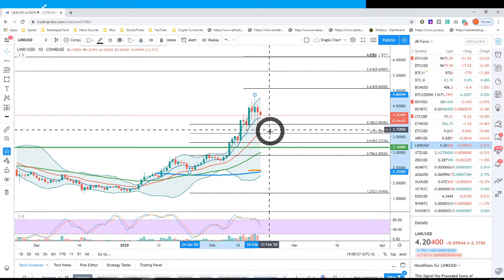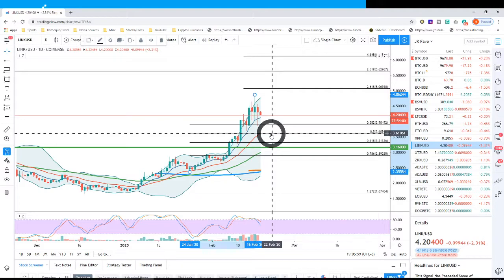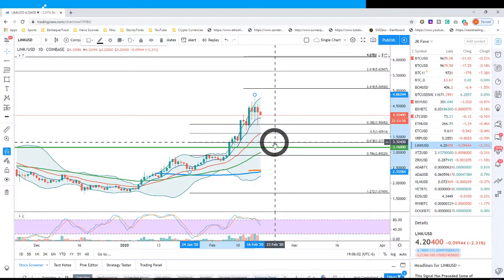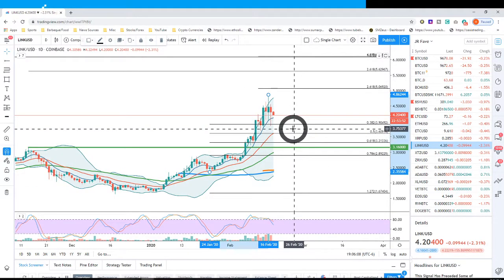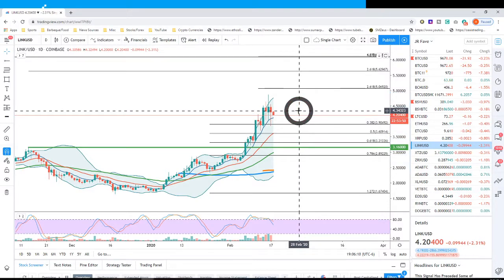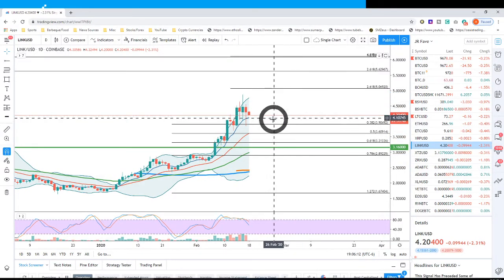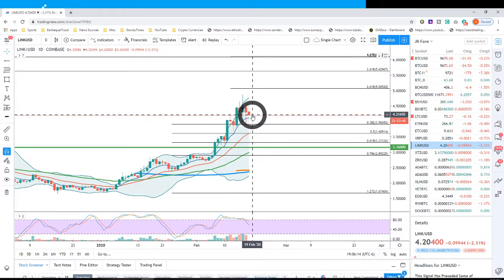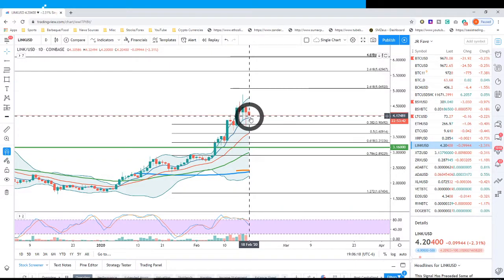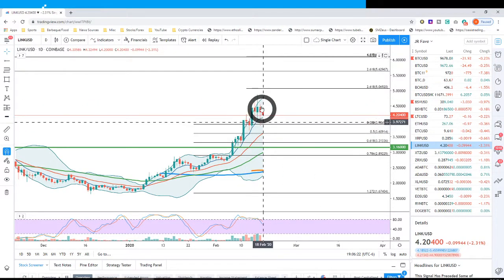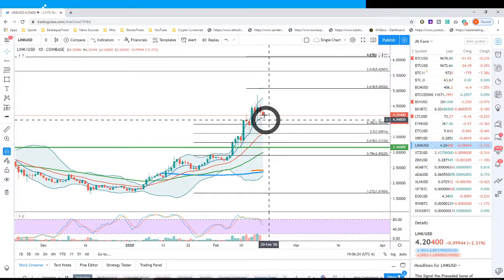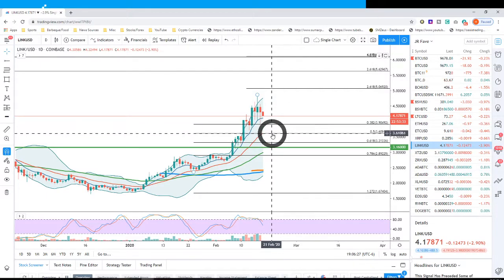If this area fails, you're coming down to 361 and then eventually 332. So Link's still looking fairly strong, in my opinion. But again, make sure you've got stops or you're watching everything that's going on, because that's still a pretty healthy move, and this thing has not really retraced even half of it.